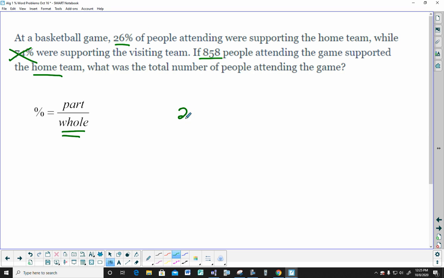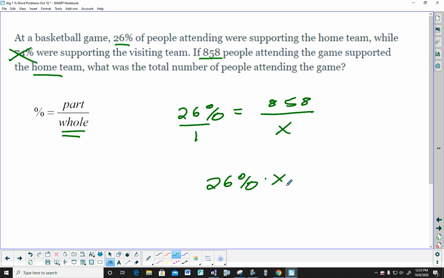So 26% is 858 out of what? I don't know. What's the total attendance? Okay, if you cross multiply, you get 26% times x is equal to 858. So that's 0.26 x is equal to 858.